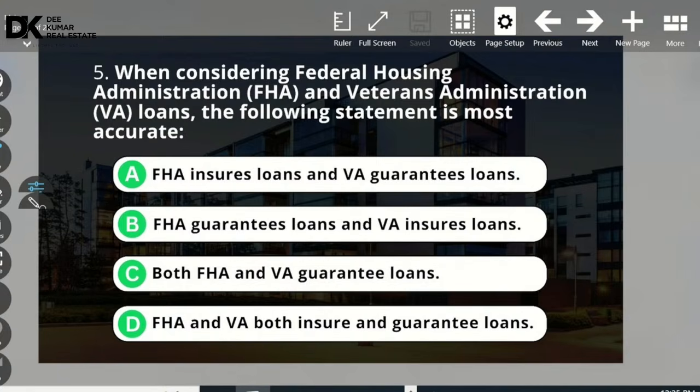Letter C, both FHA and VA guarantee loans. Letter D, FHA and VA both insure and guarantee loans. So the question is, when considering FHA and VA loans, the following statement is most accurate.